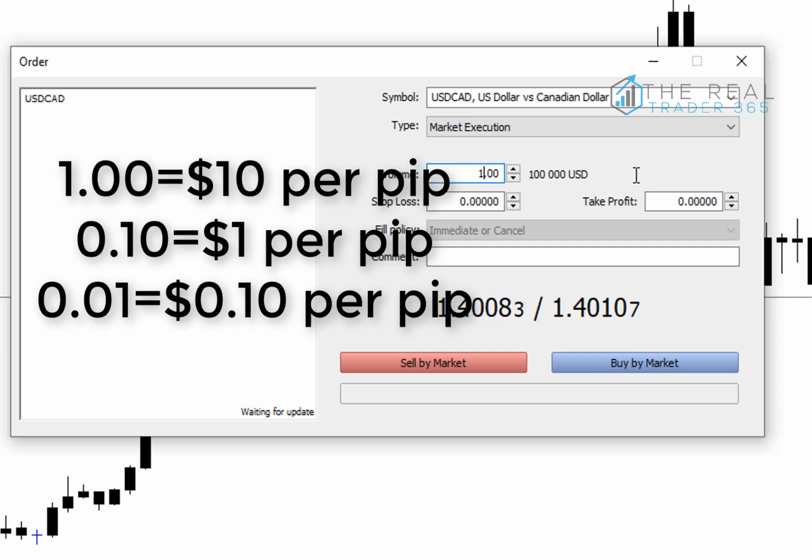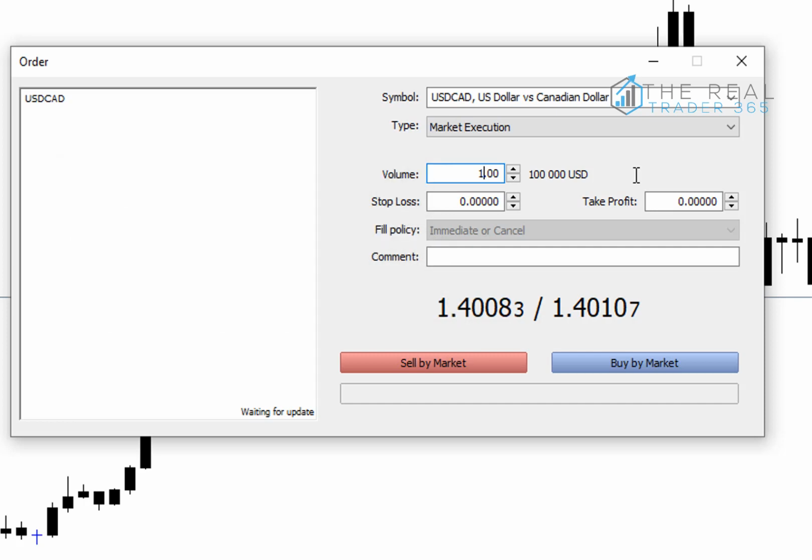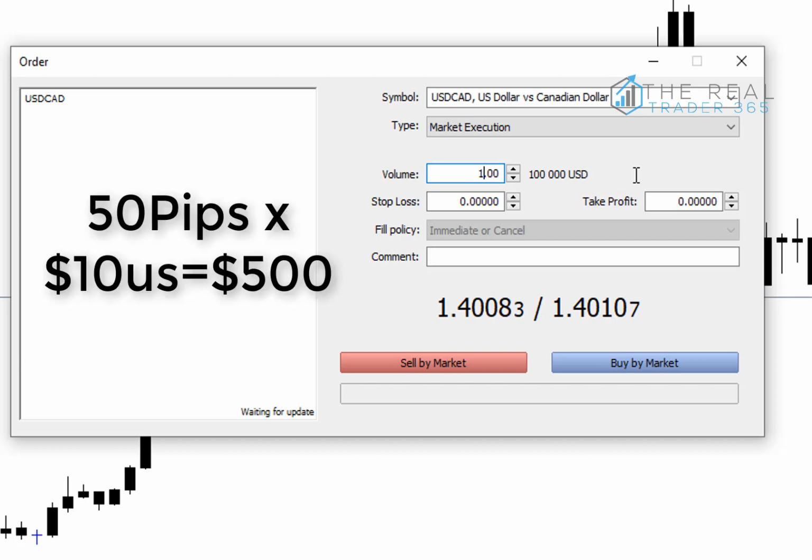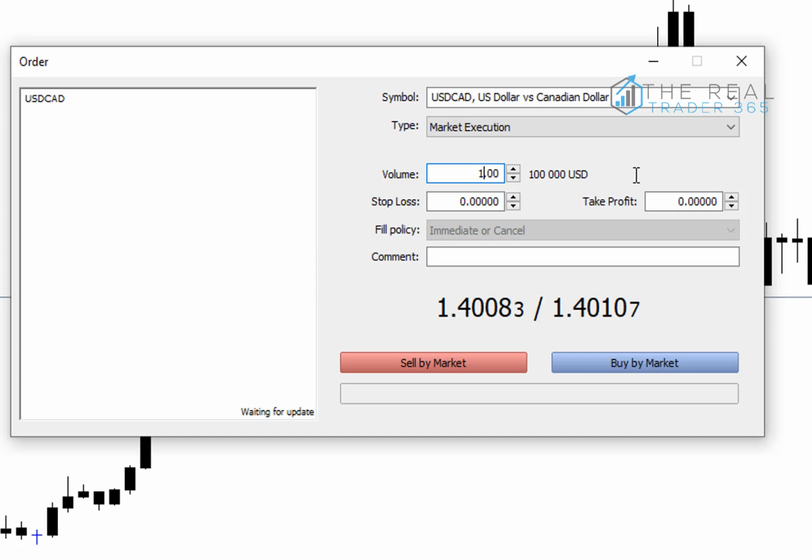So if I'm risking 50 pips, it means that by putting in one lot, I would be risking 50 by 10, $500 on this particular trade. Alright? So that is what you use the volume or the lot size for.